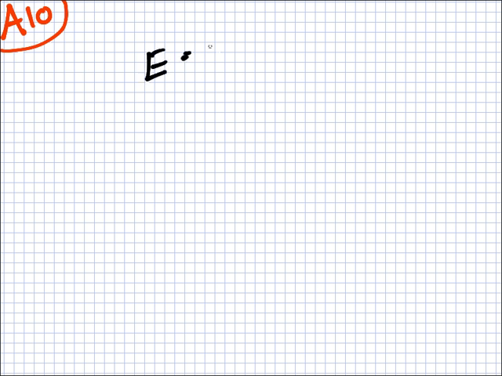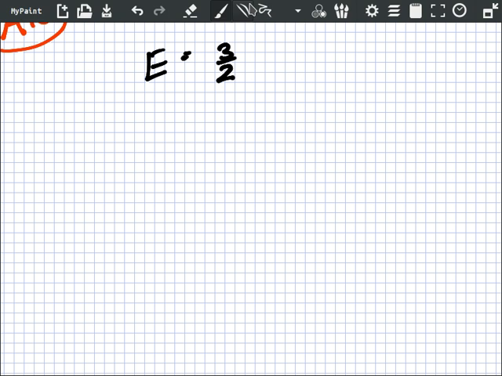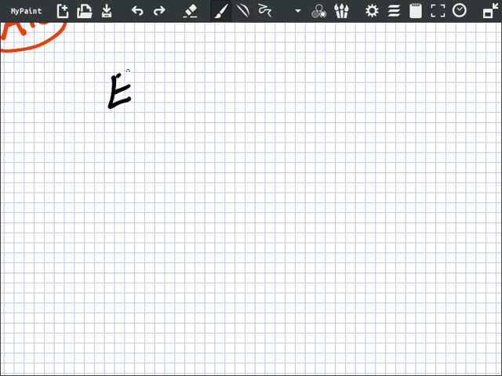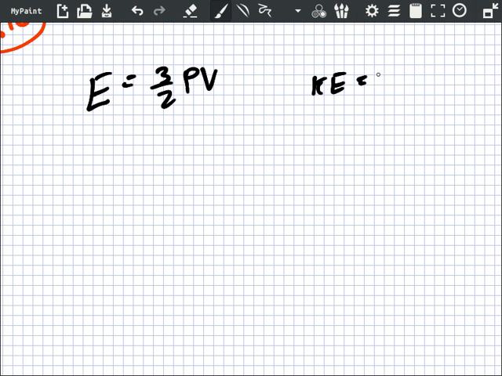Energy equals 3 over 2. I forgot my 3 over 2 PV. Yeah, no, I know that one. 3 over 2 PV. And then what was the other one? Kinetic energy, 1 over 2 mv squared. No, the other one.